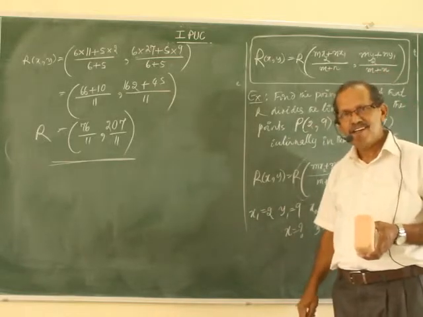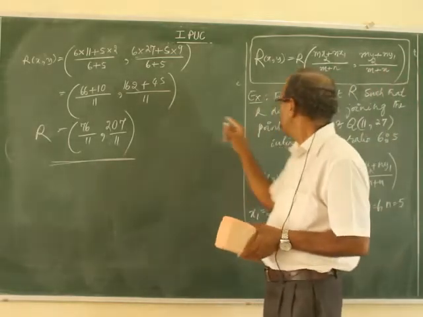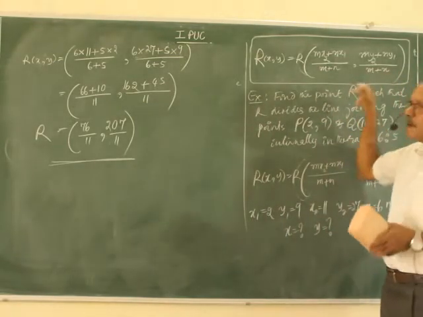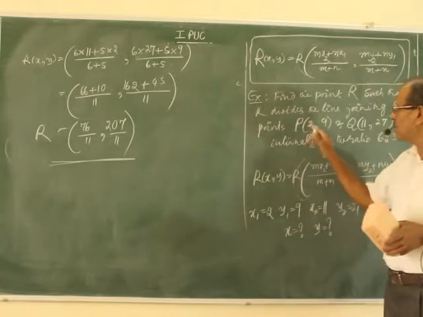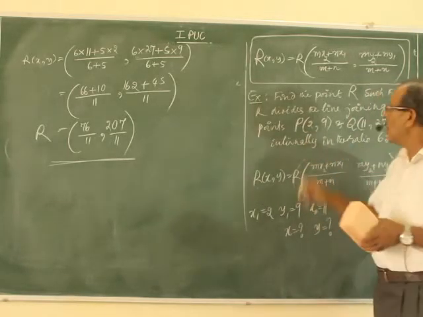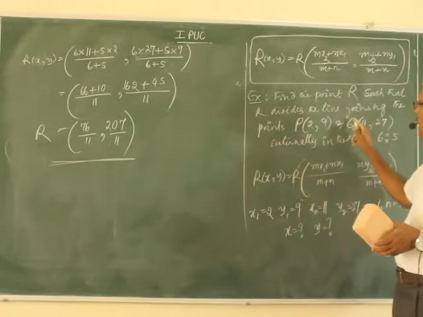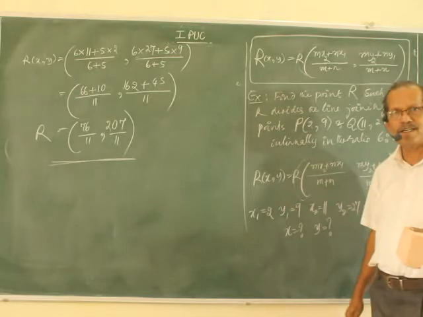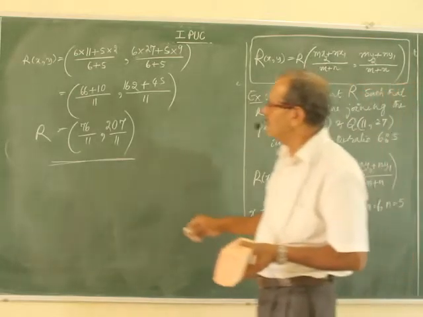In the formula, you need not find R always. You can find any quantity. Given the point R itself, P and ratio, find Q, they may ask. Or given the points R, P and Q, you can find the ratio also. Anything can be done. Shall I give a homework here?